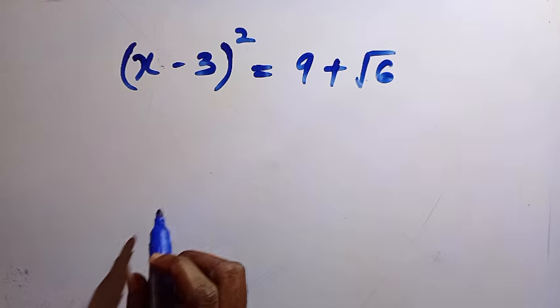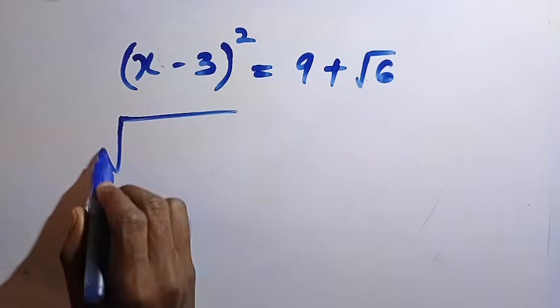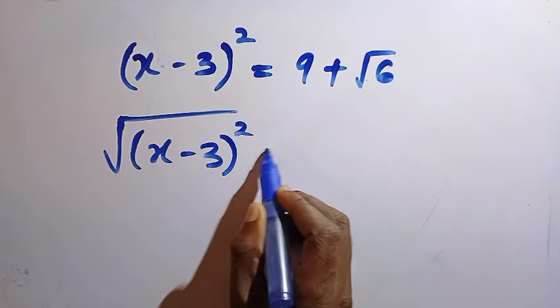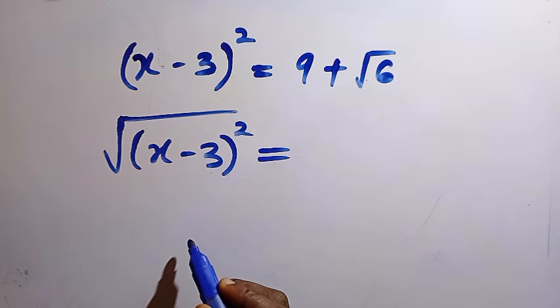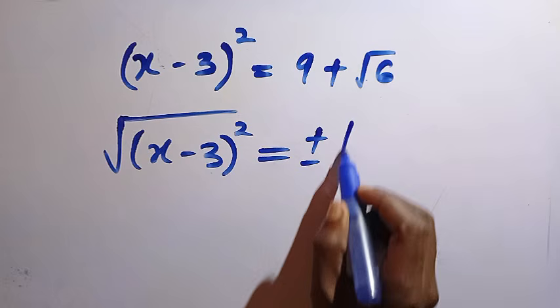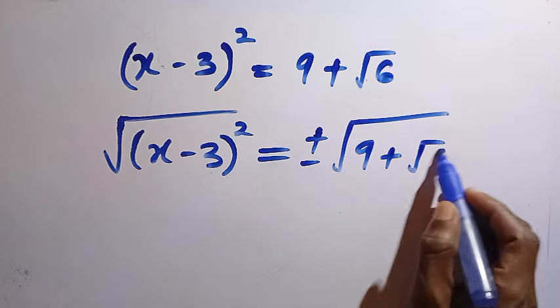Then to know the value of x, we take the square root of both sides. So by taking the square root of both sides, we have square root of x minus 3 squared equals plus or minus the square root of 9 plus square root of 6.